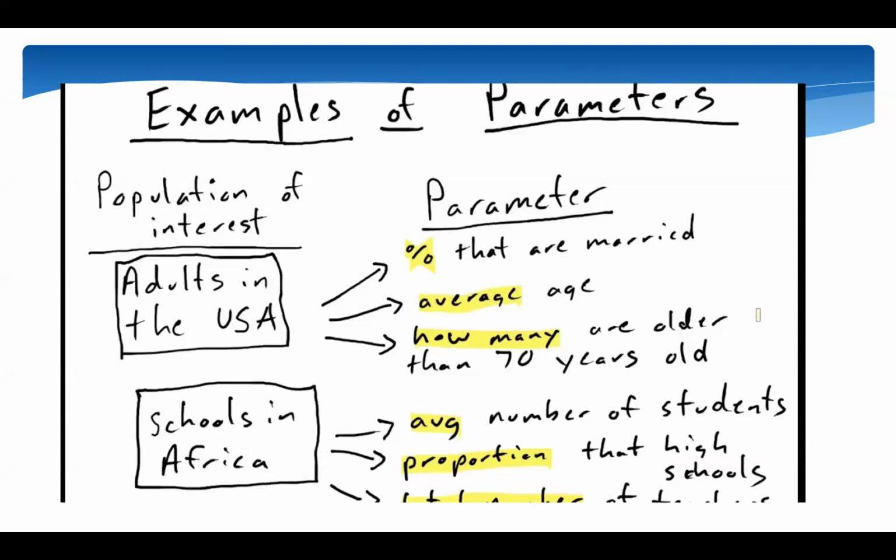I want to know what percentage of adults in USA are married, or the average age of those adults, or how many are older than 70 years old. These are all parameters which I want to find out about the population. To do that, I draw a random number of people as a sample, and then use the tests on that sample to find the parameter.